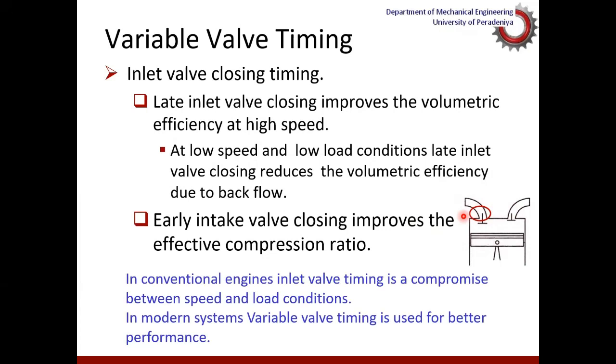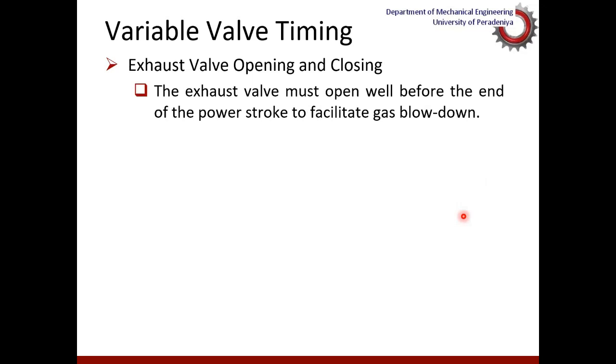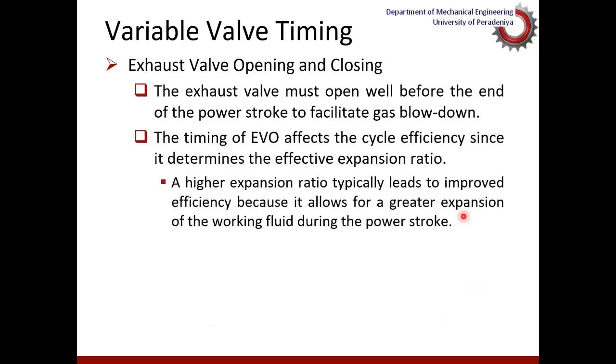Accordingly, in conventional engines, valve timing is a compromise between the speed and the load conditions. But in modern systems, variable valve timing systems are used for better performance. Similarly, if you look at the exhaust valve opening and closing timing, you have to open the exhaust valves early to allow gases to go out of the system through the blowdown process.